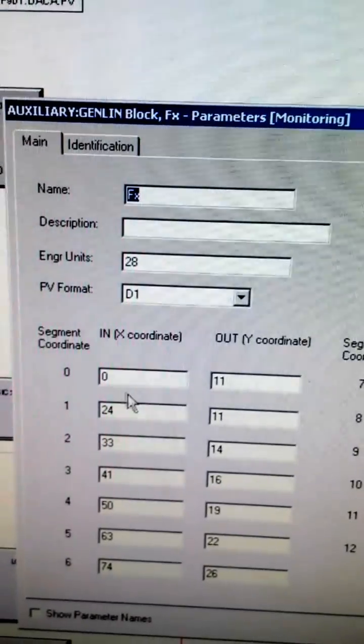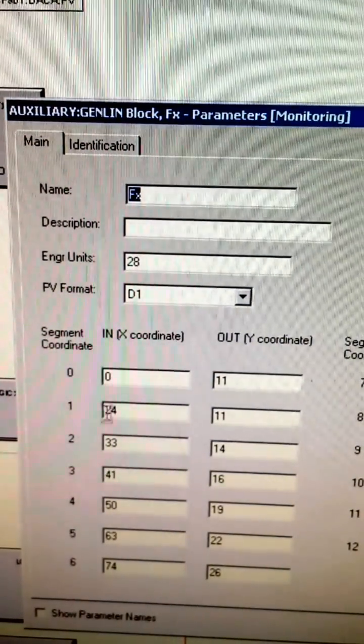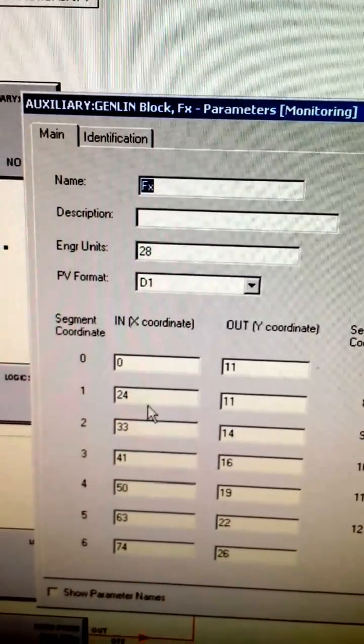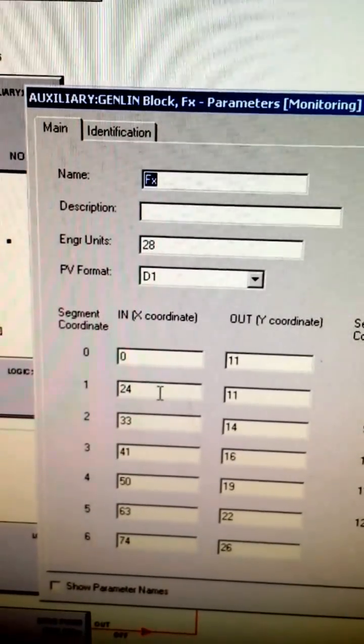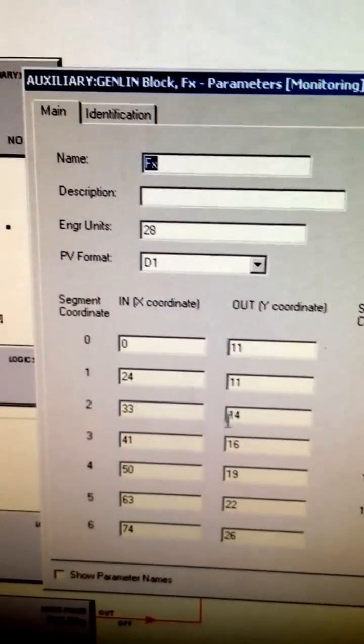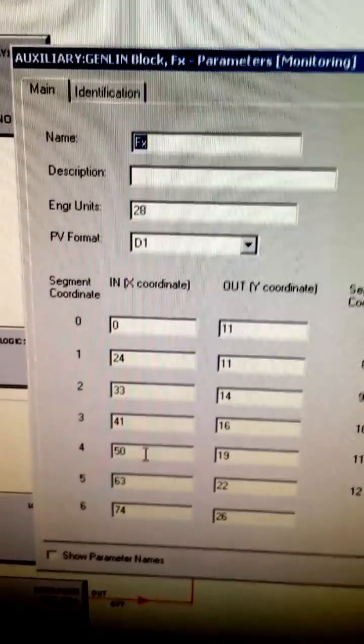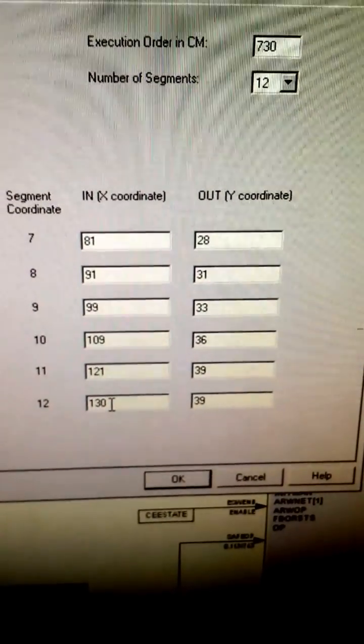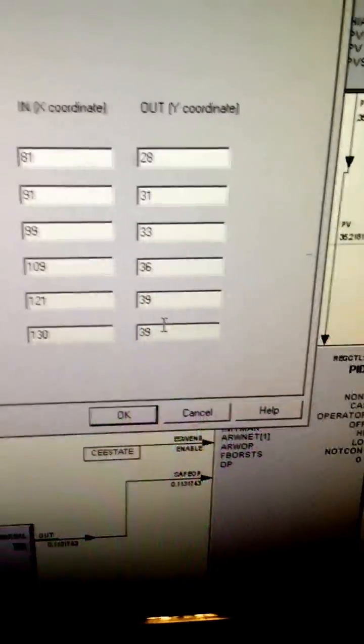Now x is 0, the output is 11. In every 24 of pressure input, the output would be 11, 33, 14, 41, 16, 15, 19, and so on and so forth up to here. At the 130 maximum pressure, the output would be 39.